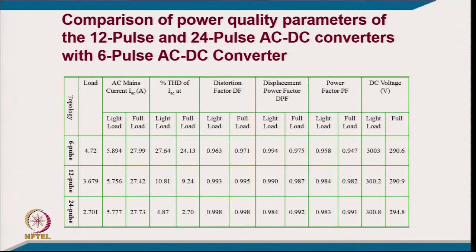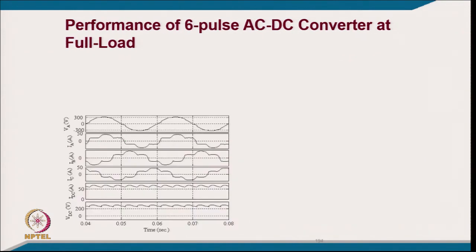That is the comparison of 6 pulse, then 12 pulse, and the TAD goes from 24% to 9.2%, and then to the order of 2.7%. So, the effect of leakage really makes the current closer to a sine wave with a higher number of pulses, because even a small overlap angle really reduces the TAD for higher numbers of pulses.